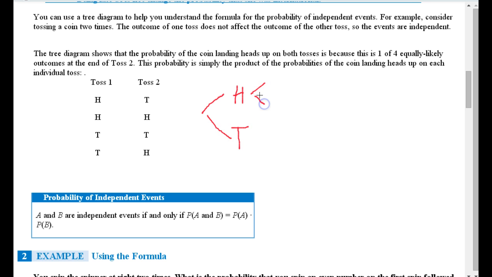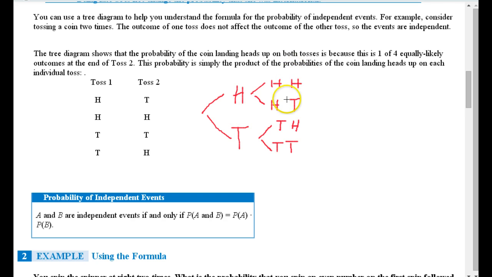And then those could have been heads, heads. Remember how we had it? And then we could have had heads, tails, right? And then on this one, of course, she got tails the first time, so the second one could have been a heads, and the third and the fourth one could have been tails. So if we just said tossing once, the probability of getting heads was 1 out of 2.